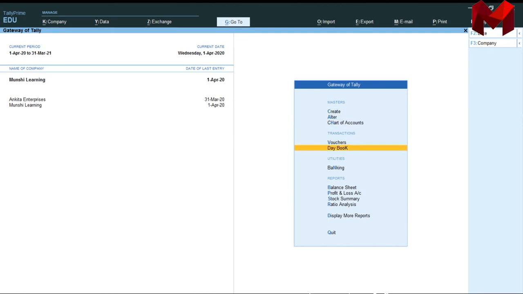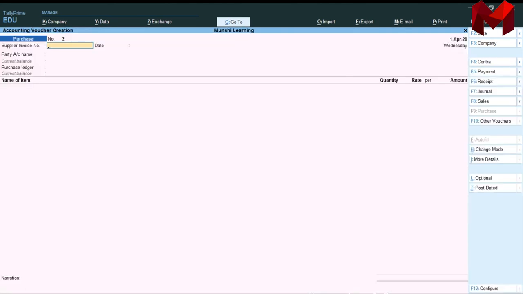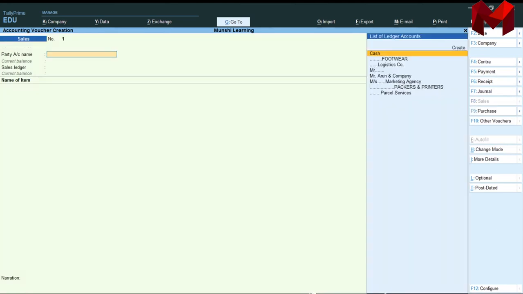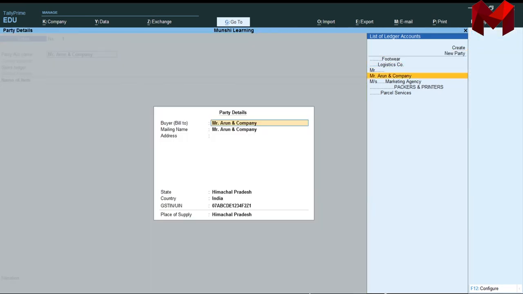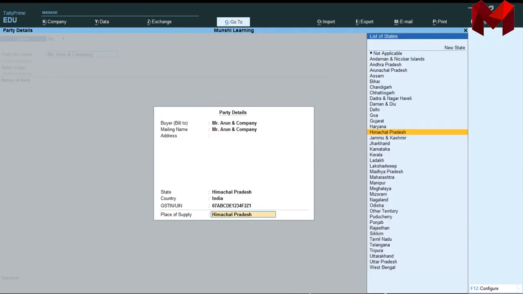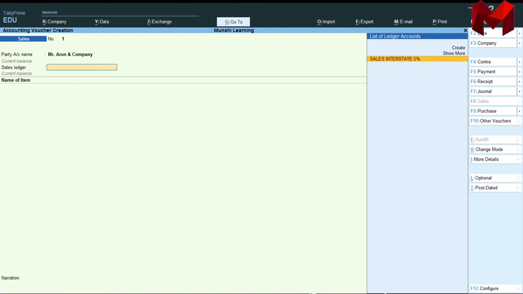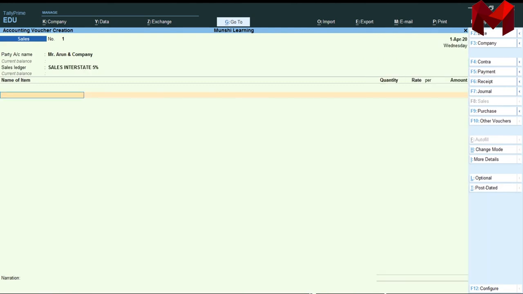Let's do the sale entry now. Here is F8 sales, party name Mr. Arun and Company, sales ledger sales interstate 5%. Here is the bill number. It has chosen number one because we are just entering the first bill of this company which we have created.